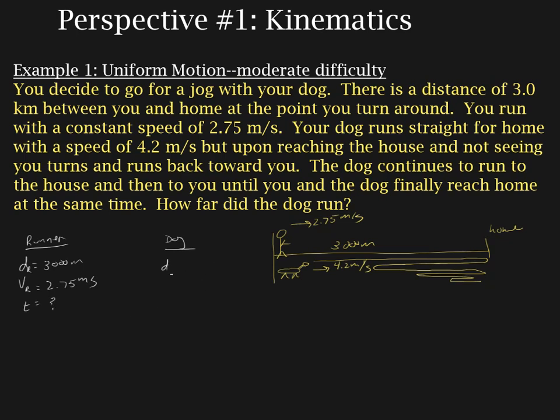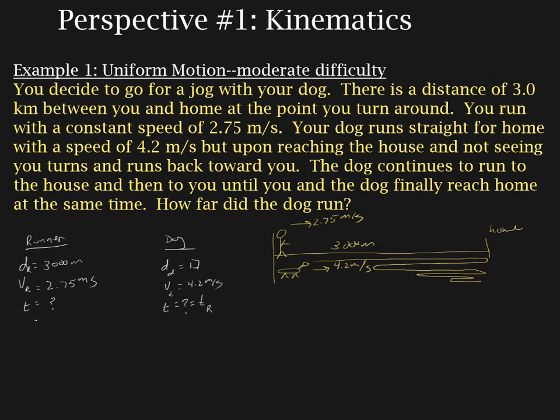The dog runs some unknown distance, but that's what we're looking for. The speed of the dog is going to be 4.2 meters per second, and the time that the dog takes to complete this task is an unknown quantity, but it's also equal to the time required for you to reach the house.